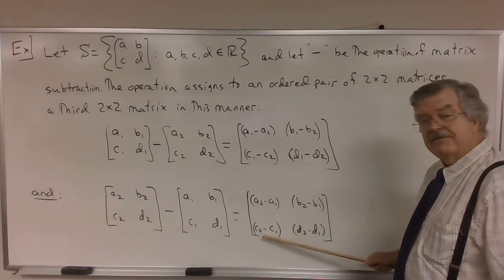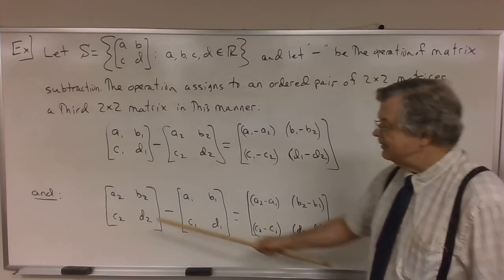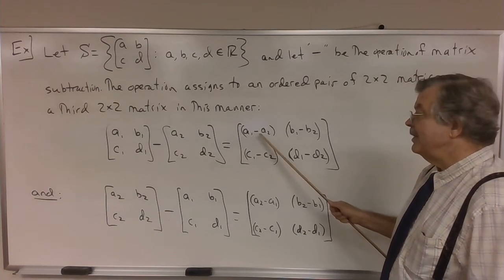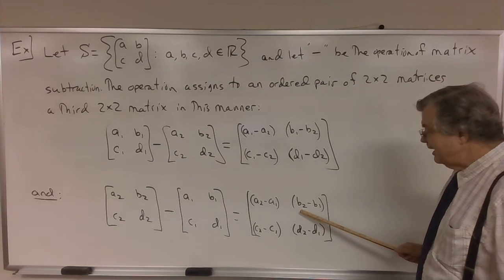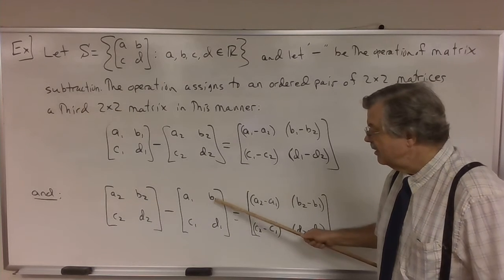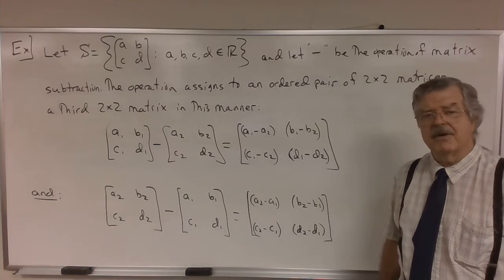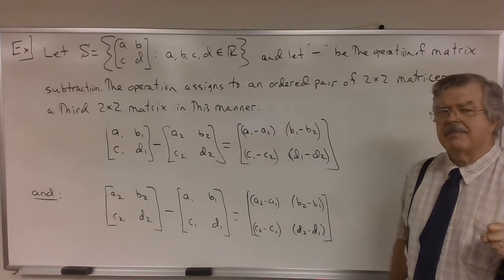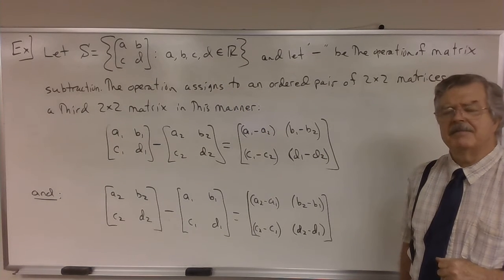The entries are different. The entry in first row and first column is A2 minus A1, not A1 minus A2. The entry in first row, second column is B2 minus B1, and not B1 minus B2, and so forth. Minus is a binary operation on the set of 2 by 2 matrices with real elements.